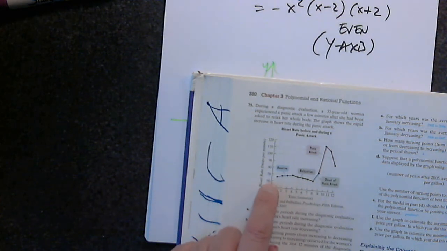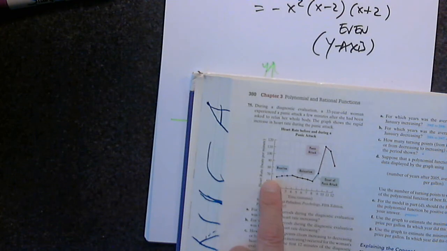Use the graph to estimate the woman's minimum heart rate. What was the minimum heart rate? Not at 8. The minimum heart rate is the function value, not when. 60 is something very difficult to read. I would say, like you, 62, 63. That's fine.